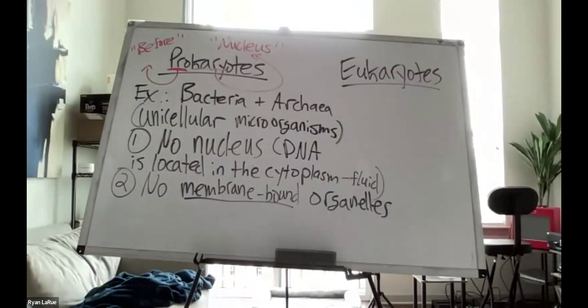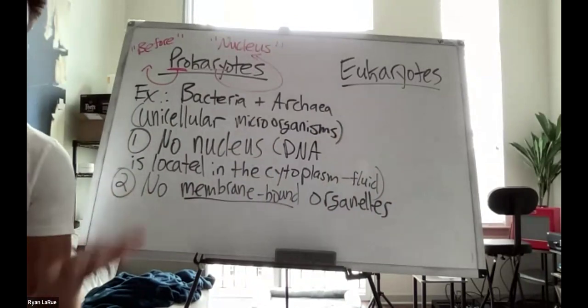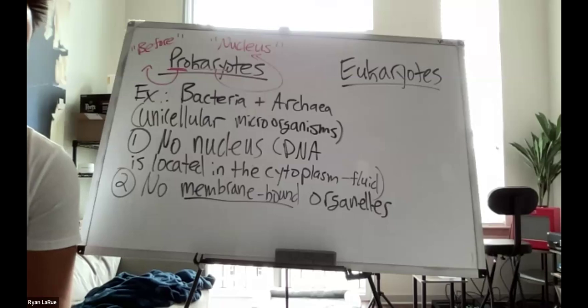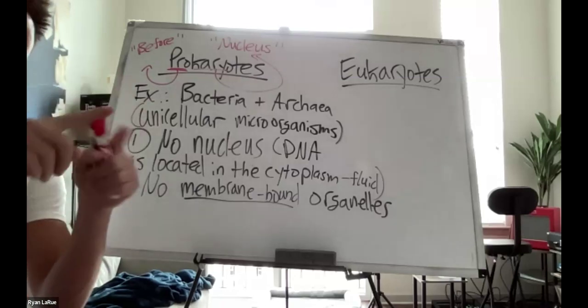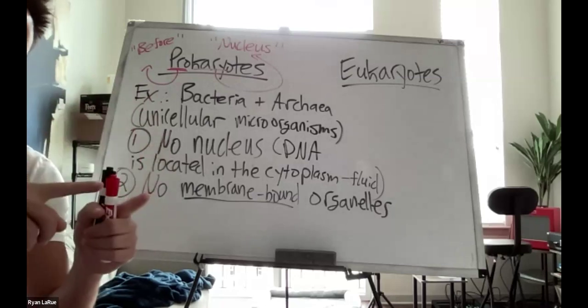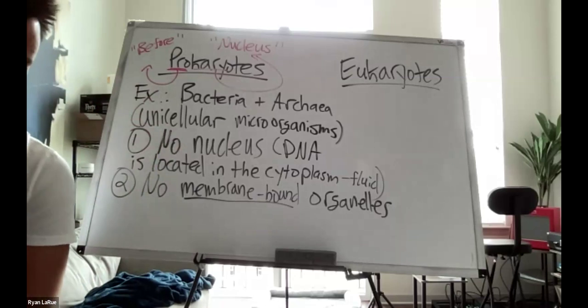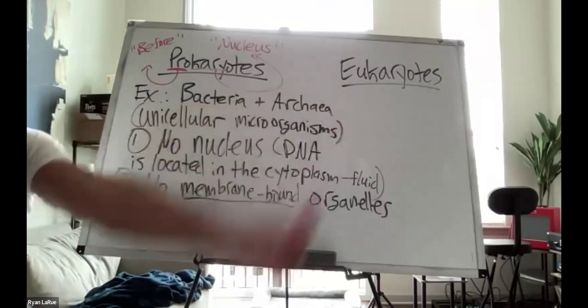Okay, so the reason I'm emphasizing this membrane-bound thing, most of the internal structures that perform really important functions in cells, these organelles, are surrounded by a membrane, okay? So within the cell, they have their own phospholipid bilayer membrane surrounding that structure. And we'll explore organelles in depth, all the membrane-bound ones that we'll find in the eukaryotes.